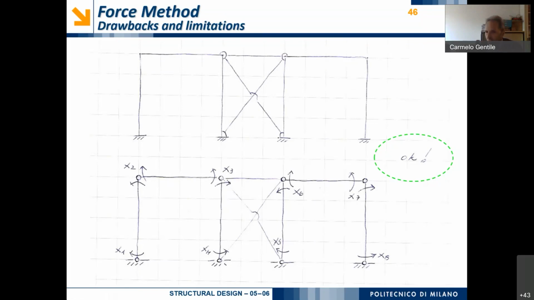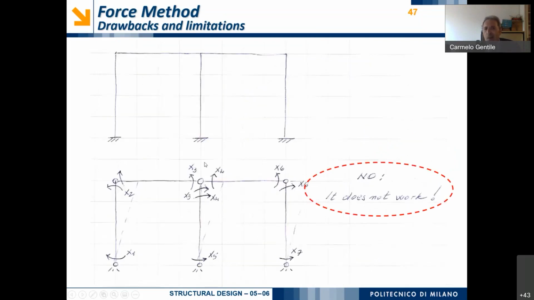By doing this, of course, my structure is constituted by simply supported beams. So my structure consists of several simply supported beams, and this system is not redundant, it is statically determined.